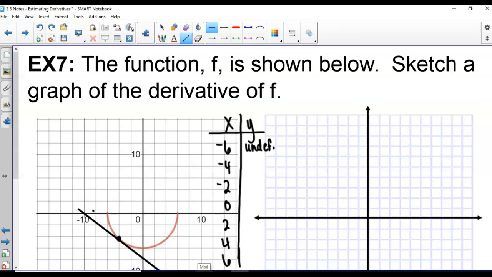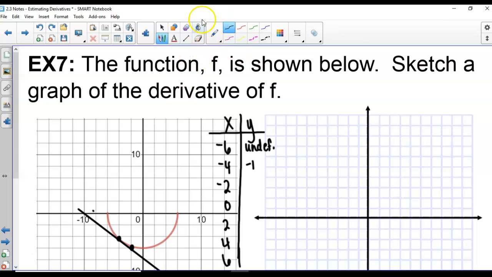Oh gosh, let's just take a guess at it. It's kind of like -1. Pretty close to -1. Maybe not quite. We're just taking a guess, so let's go with -1. We're estimating at this point. And then we're going to put a point here at 2.